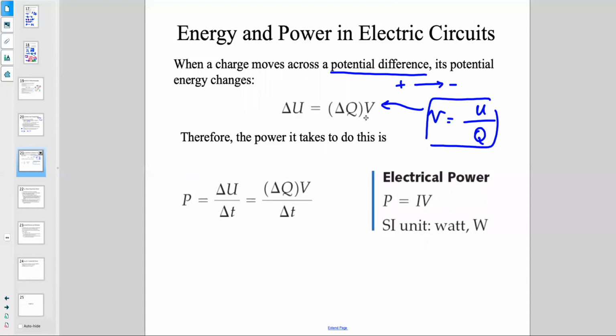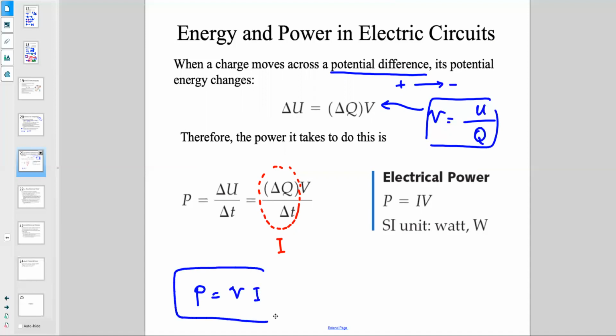Therefore, the power it takes to do this is delta U over delta T, and I can replace delta U with the equation up here: delta Q times V, and then delta Q over delta T. Have we seen this somewhere before? This is current, isn't it? So power is VI, or I times V, it does not matter. And the unit is watts.